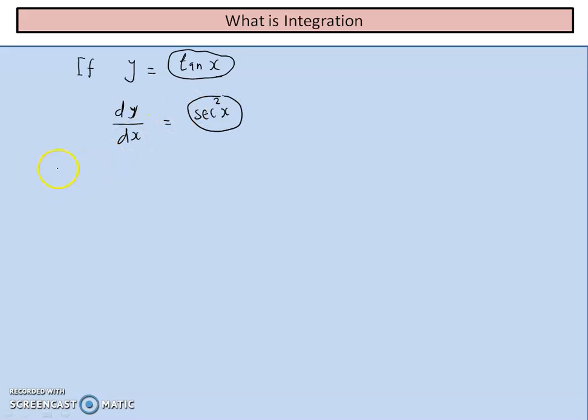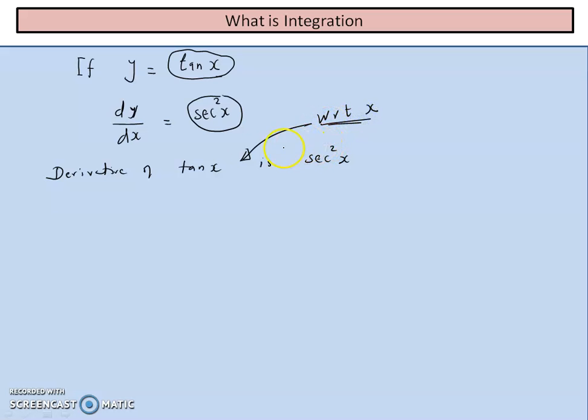In simple language, derivative of tan x with respect to x is sec square x. This is important.